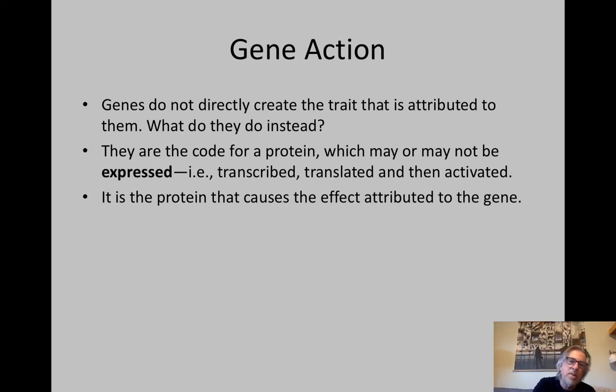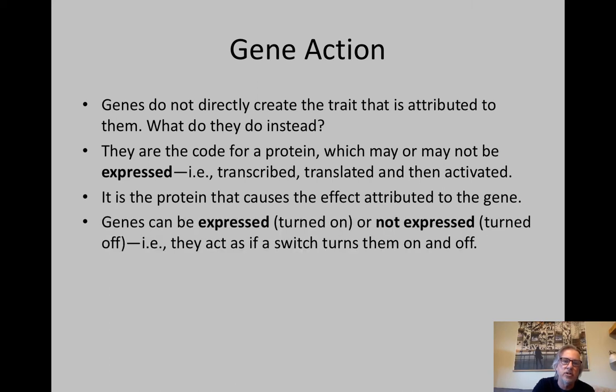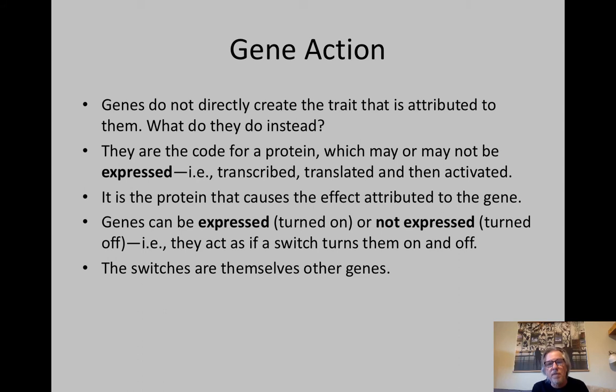Now that's an important thing to remember as you become more sophisticated in your genetic understanding. You also know that genes can be expressed, which means they're turned on and transcribed and translated, or not expressed. They can be turned off. And they act as if a switch turns them on and off. And the switches are often themselves other genes, which will switch a protein-producing gene on.